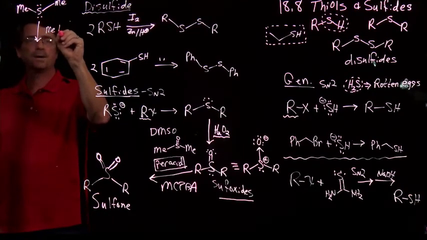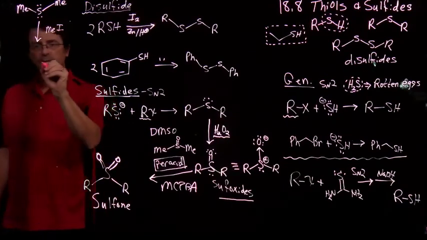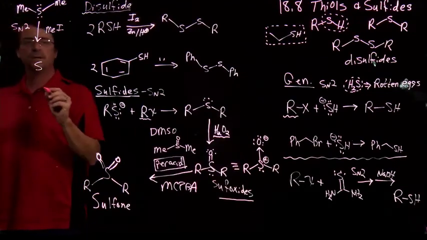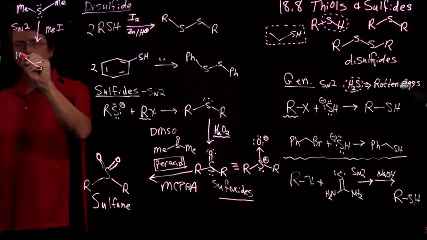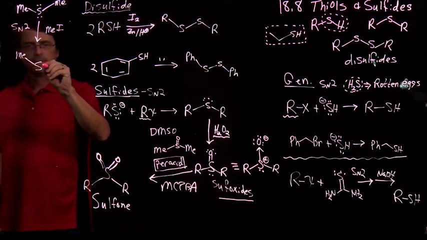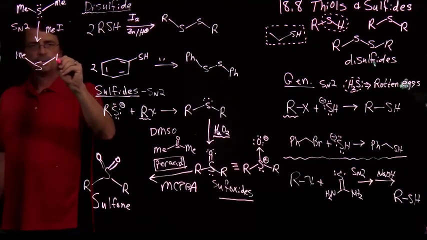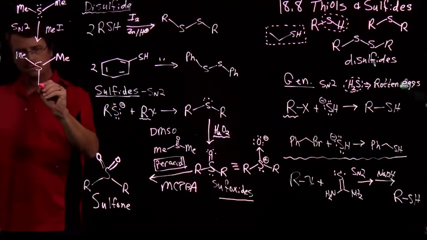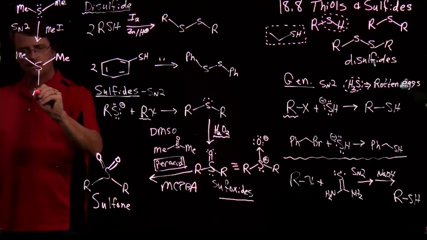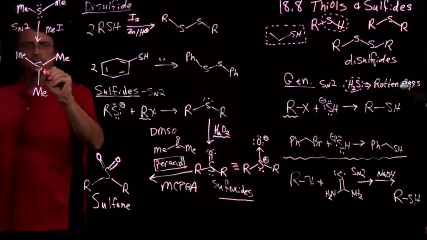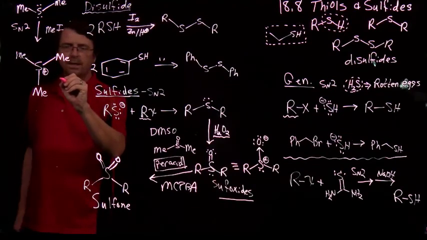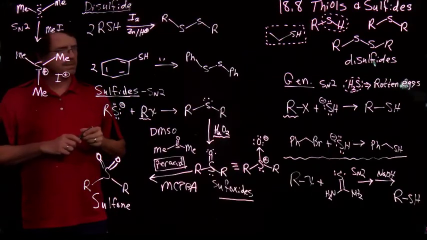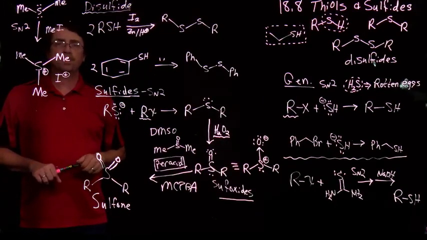So for instance, we could add methyl iodide to this, and in again a classic SN2 type reaction, you alkylate one of those lone pairs. So these are the chemistries of sulfur that are very important for us when we get to biomolecules.